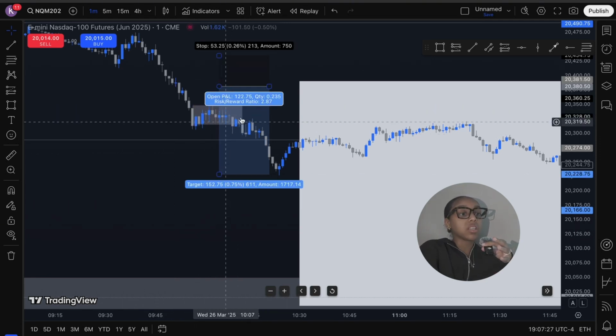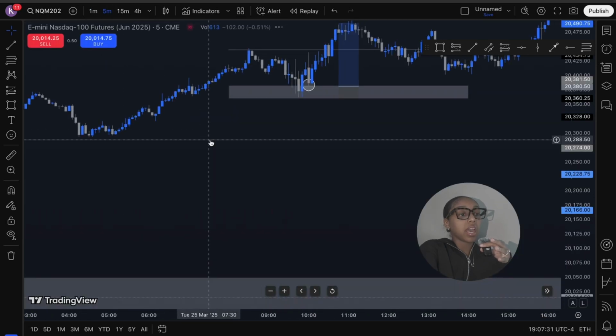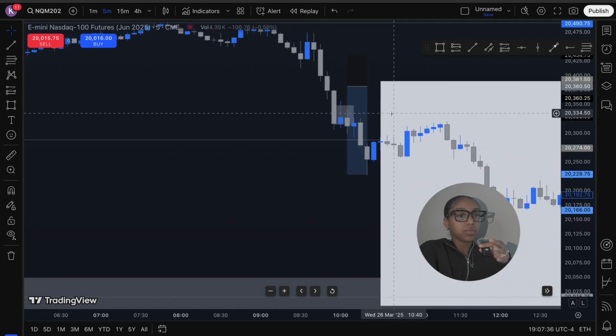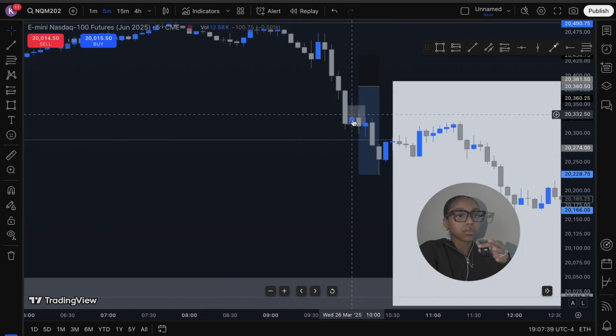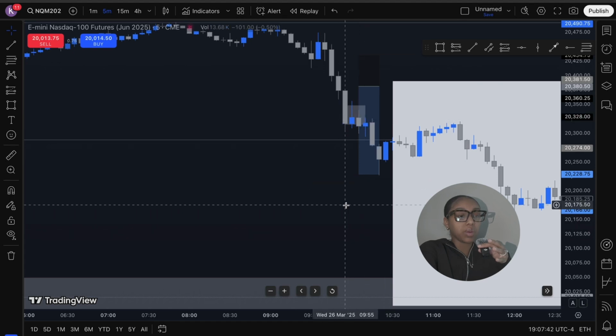You can see that consolidation happening in this zone right here, and you can also see it on the 5 minute. We go up a little bit and then we stay in this area a little bit.